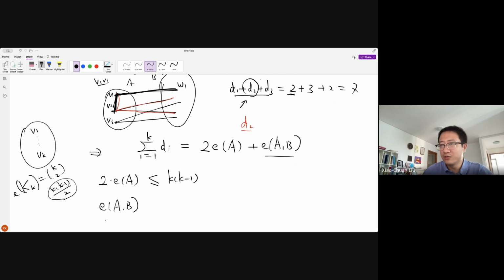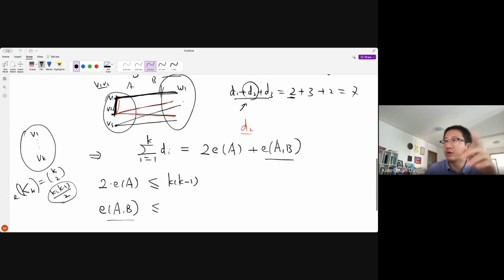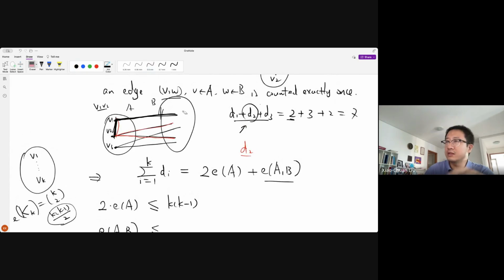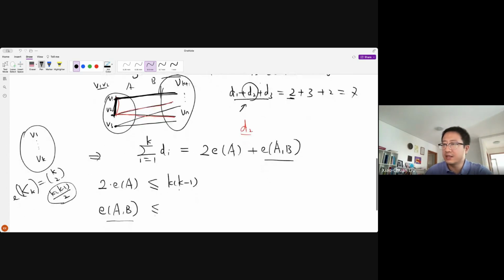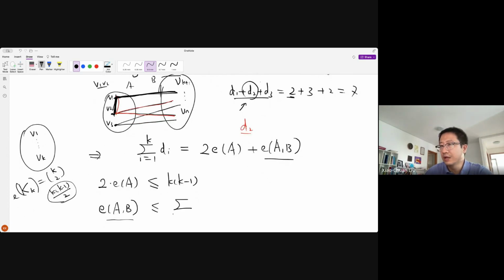So now to make this estimate, I do the other side. I fix the vertices here. So what are all the vertices here? You start from V(k+1) until Vn. So it's a sum, with i from k+1 to n. For each Vi here, I count.